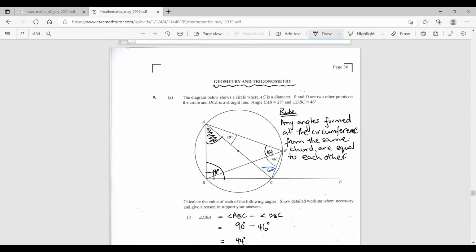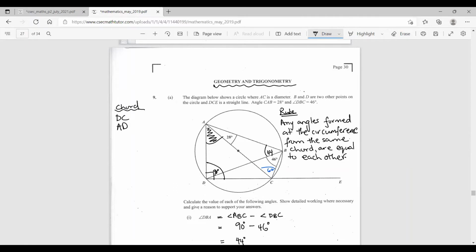So let's identify some chords. I said DC was a chord. What's another chord from the diagram? AD. Is that a chord, isn't it?